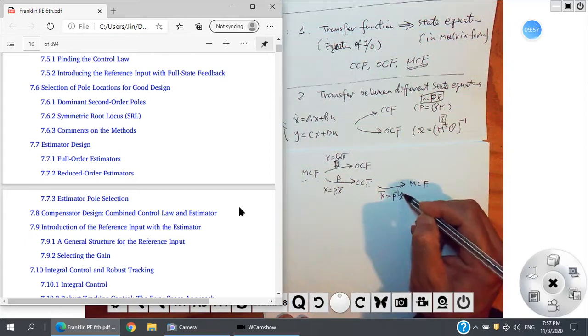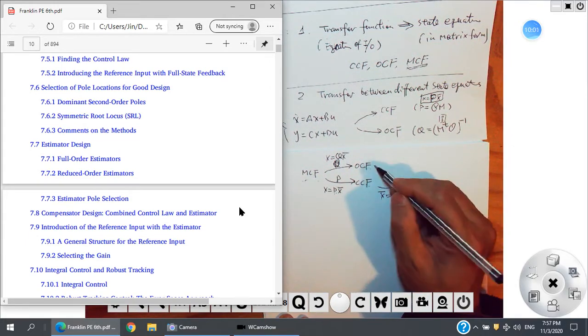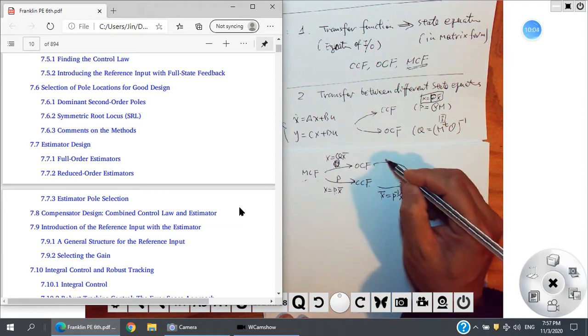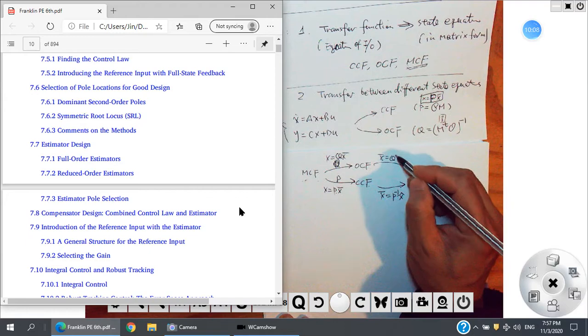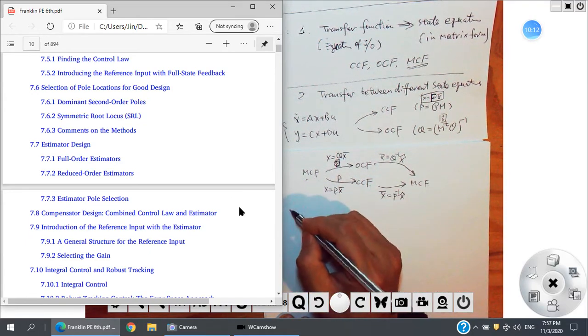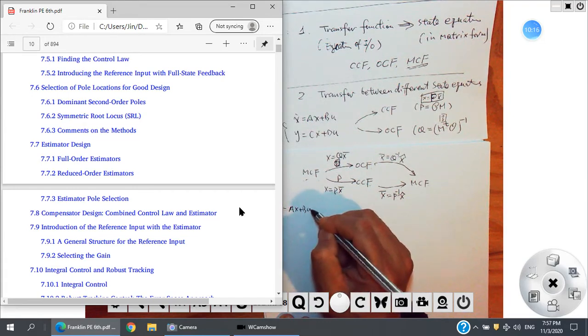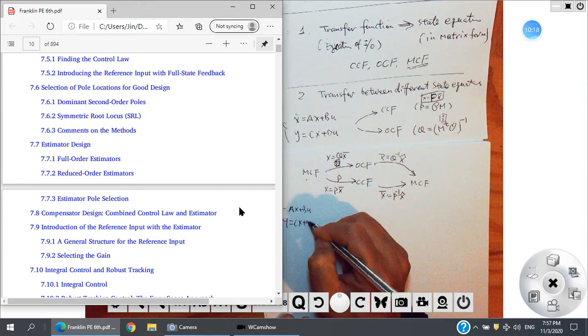I use x hat for it. OCF also can go back to MCF by x bar equal to Q inverse times x hat.